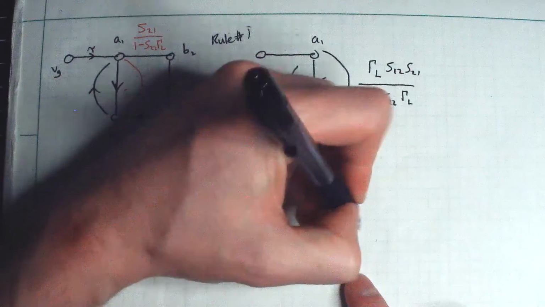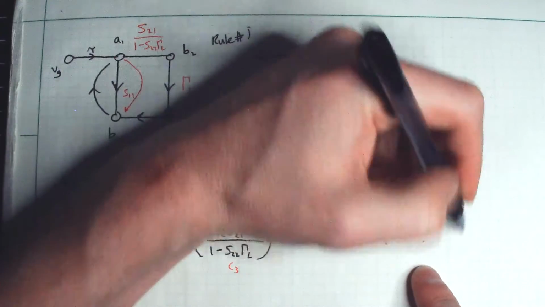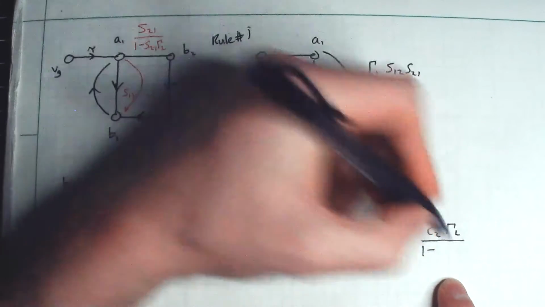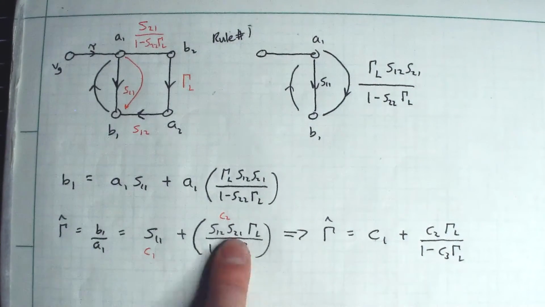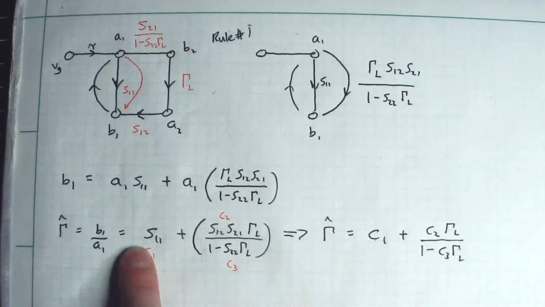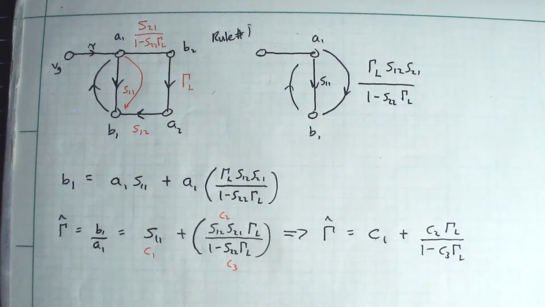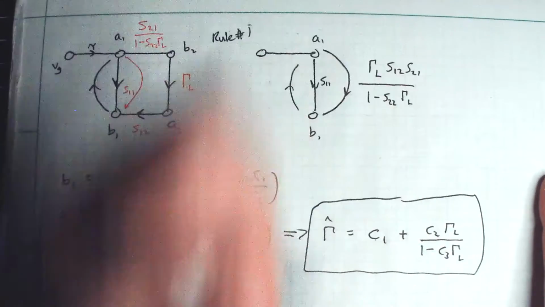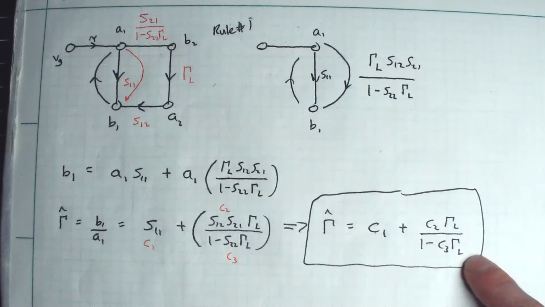Gamma sub hat is equal to C1 plus C2 gamma sub L divided by 1 minus C3 gamma sub L. So I have 3 arbitrary coefficients representing these S parameters. And this is technically 2 variables, but who cares? I multiply them together, and that's just some other arbitrary constant.